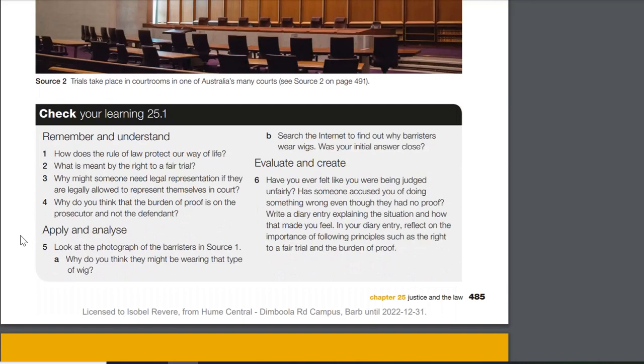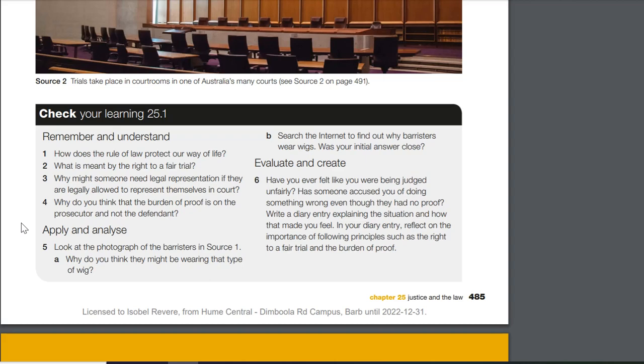Alrighty, now that we've read through those 2 pages, you are to define the following terms: discrimination, innocence, accusation, prosecutor, offender, lawyer, court, guilt, barrister, and trial. Now, those words can be found on the lesson plan, so make sure to copy those over into a Word document when you are doing it.